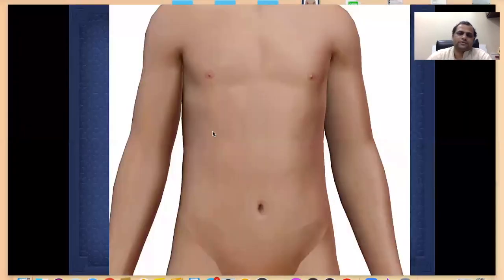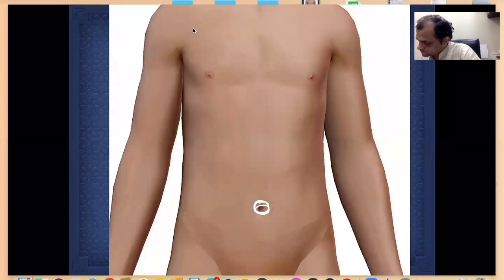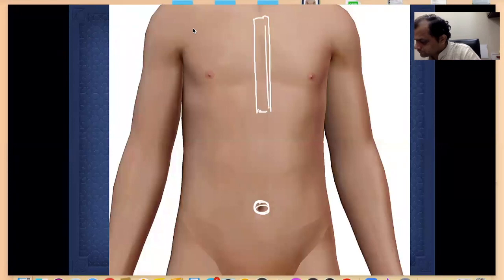So look here. This is the navel region, and this is the sternum bone or chest bone.